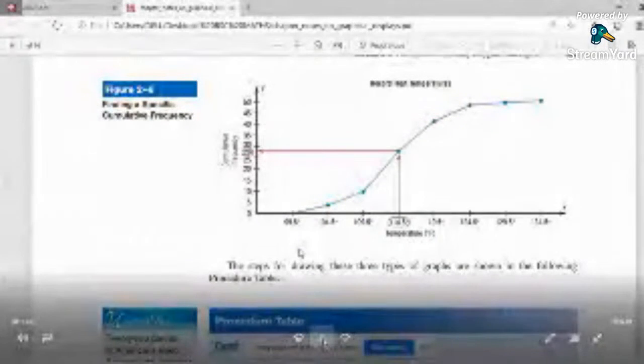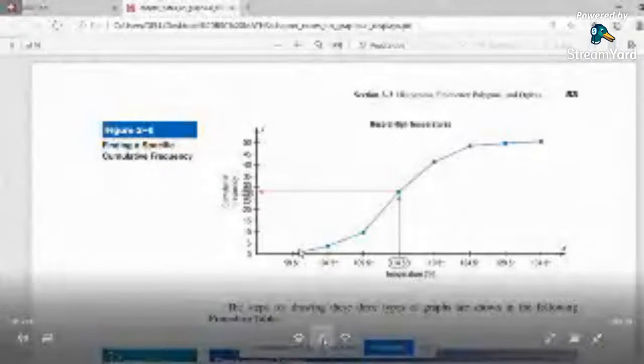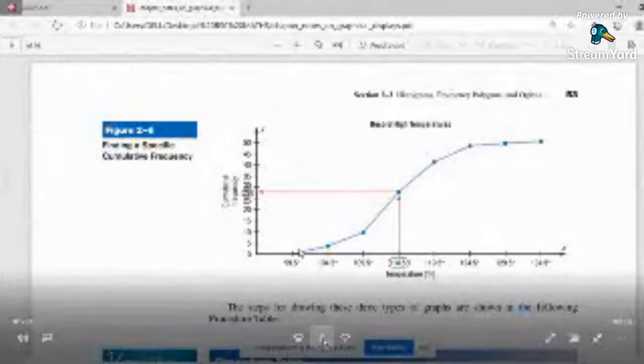Even though we don't have data like this, in newspapers we can see this type of graph, but sometimes we cannot see the data. If we get a graph like this, then we can simulate the data and identify the data.